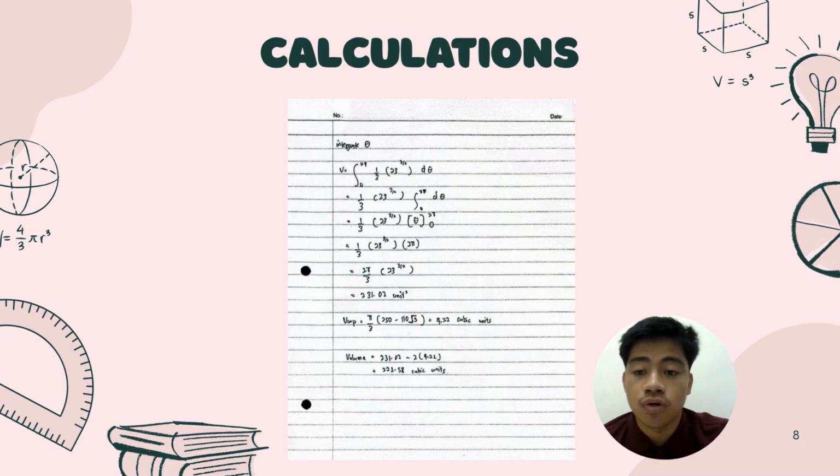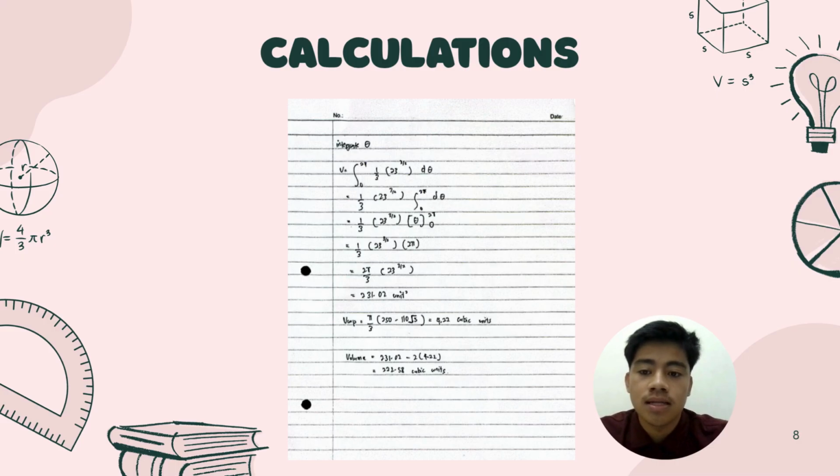Now let's move on to the final integration phase of our volume calculation, where we integrate our previous result with respect to theta to find our baseline volume. Our integral setup is the integral from 0 to 2 pi of 1 over 3 times 23 to the power of 3 over 2 d theta.